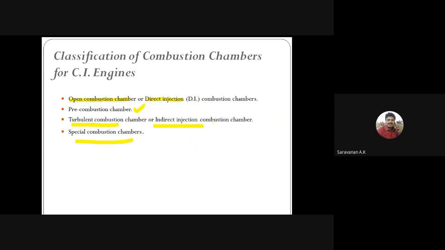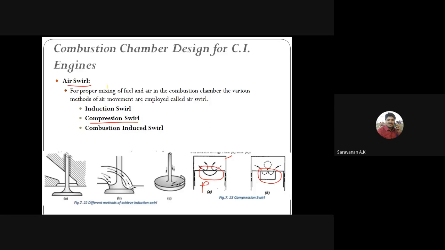But in some special cases we can use the turbulent combustion chamber and special combustion chambers. For most commercial engines we use the open and pre-combustion chambers. The combustion chamber is very important in SI engines also, and we will see the SI engine combustion chamber design in the next class, right?